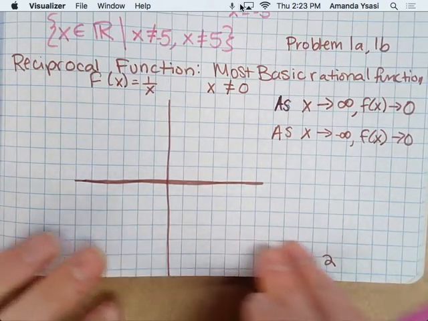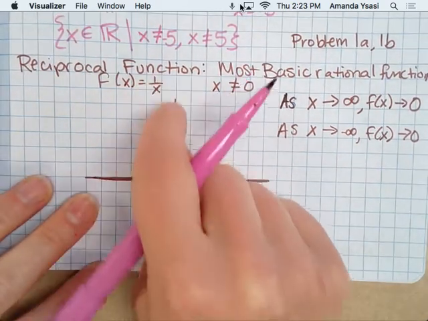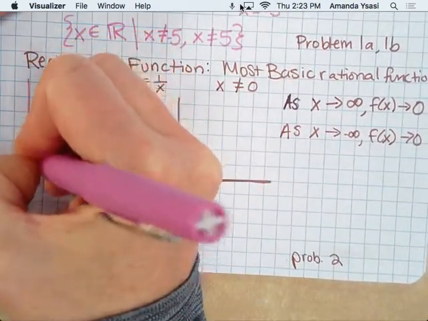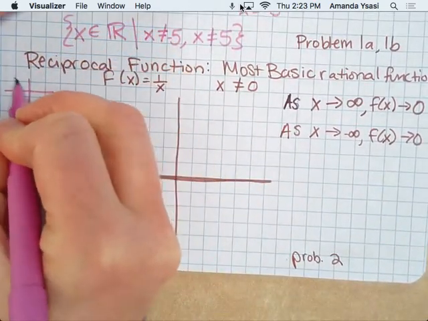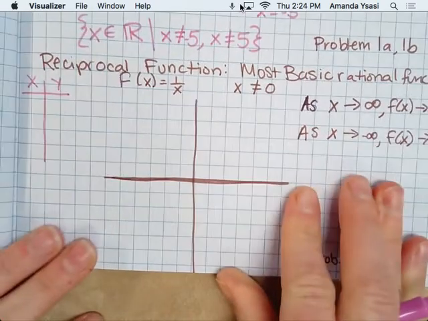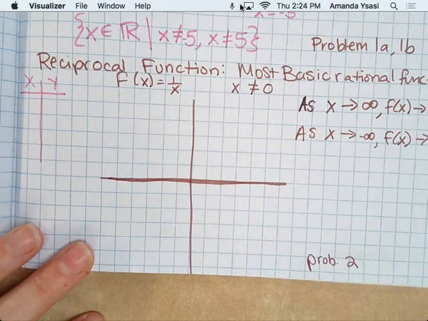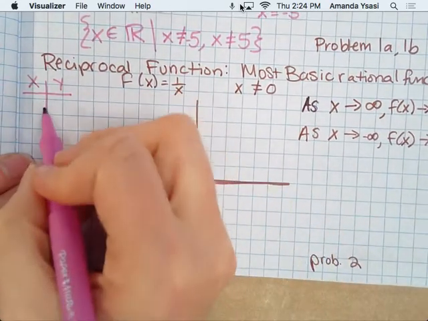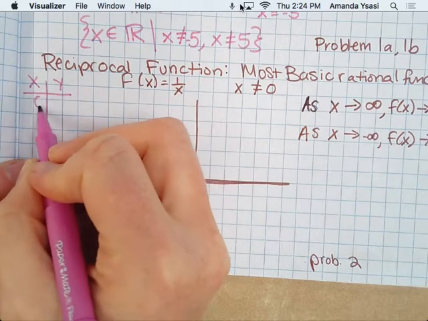Okay, this reciprocal function, y equals 1 over x, if we were to graph it, the easiest way to look at it is by looking at the table. So let's say we do 0.